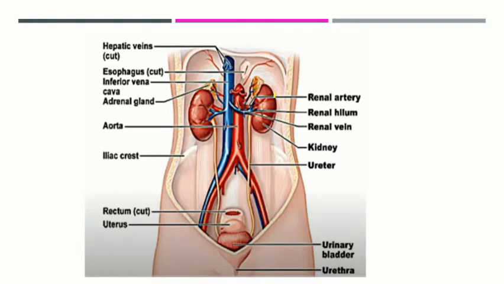The left kidney is slightly raised above the right kidney. If you draw a line here, you will see the slight raising of the left kidney in comparison to the right, because of the presence of organs like the liver, which gives less space to house the kidney.